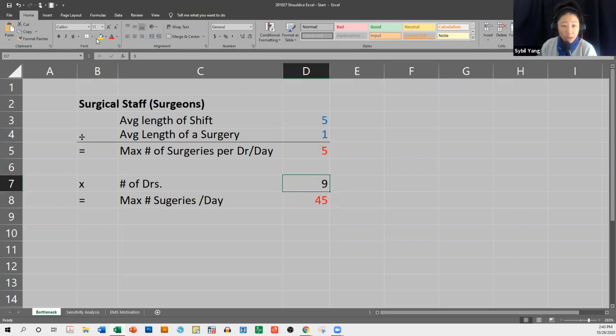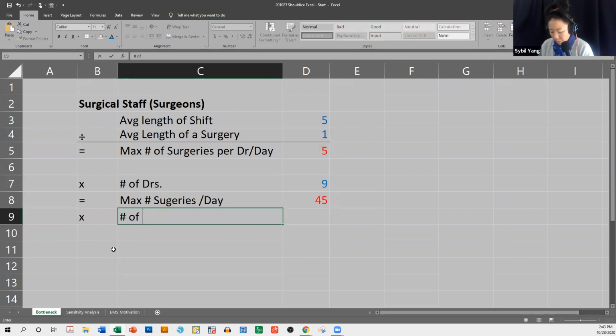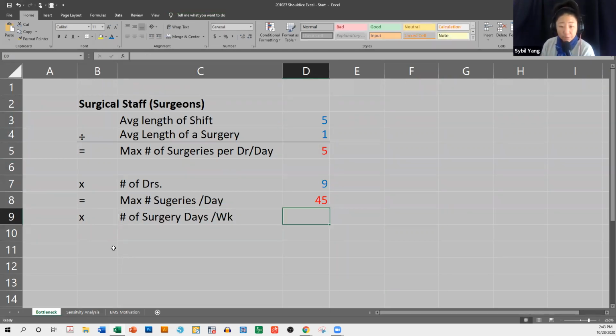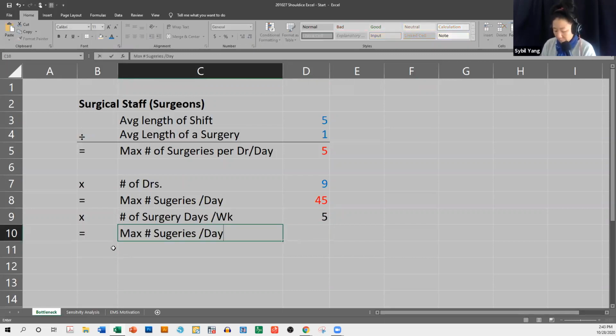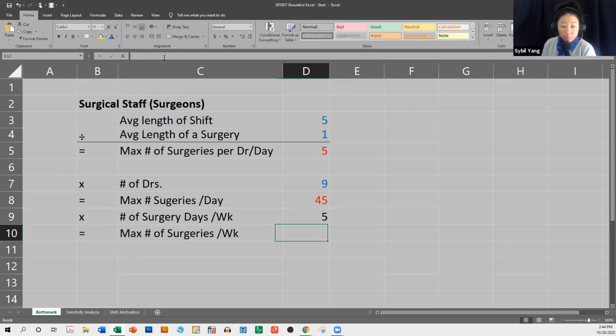Okay. I'm going to make this blue. Now, if we multiply that by the number of surgery days per week, and right now their number of surgery days is 5, that equals the max number of surgeries per week.